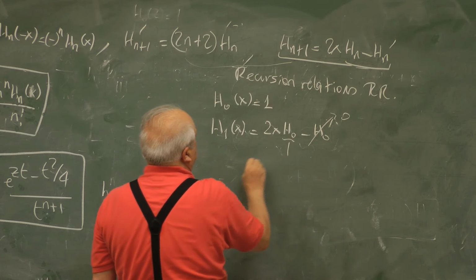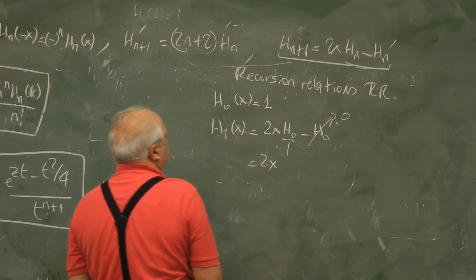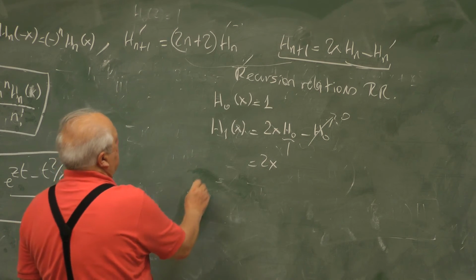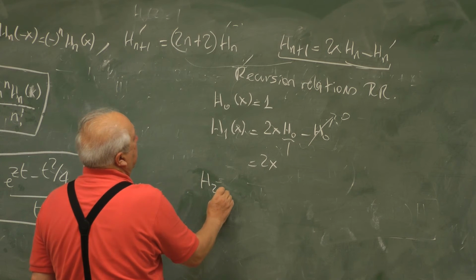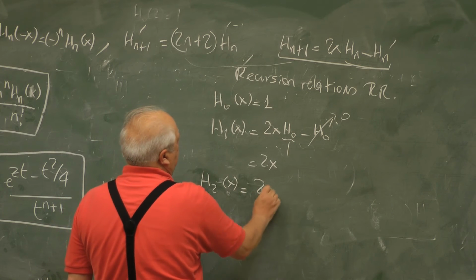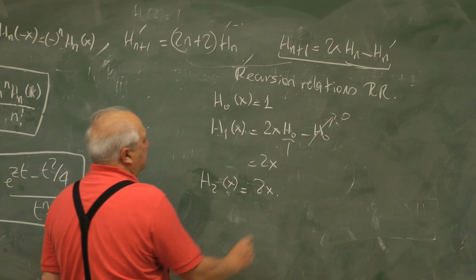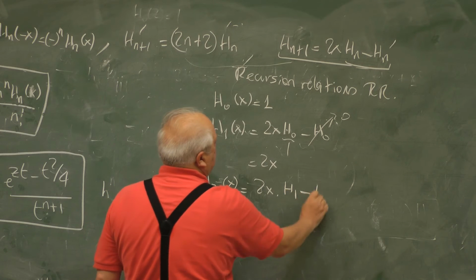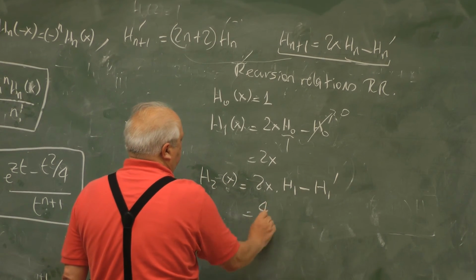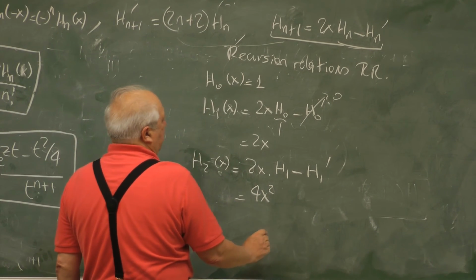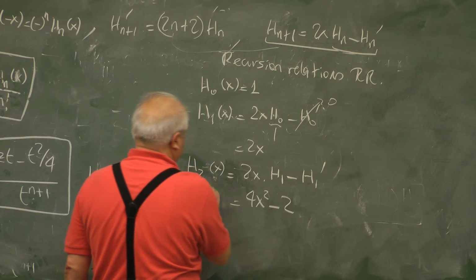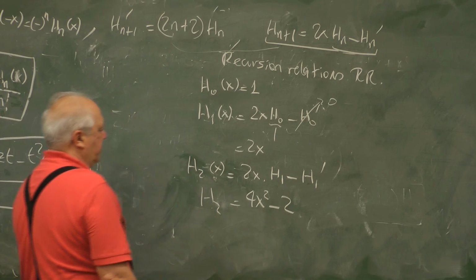This is 1, so it is equal to 2x. Let's do one more. H2 of x, second polynomial, 2x times H1 minus H1 prime. H1 is 2x, so it is 4x squared. And the derivative is 2, minus 2.